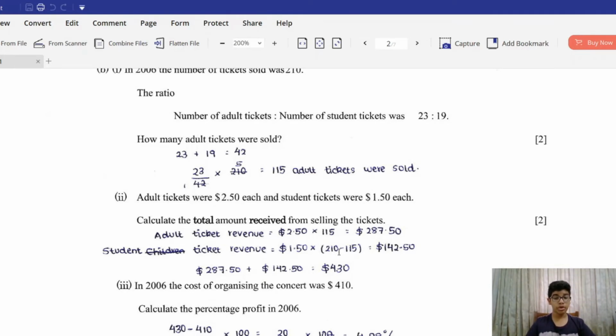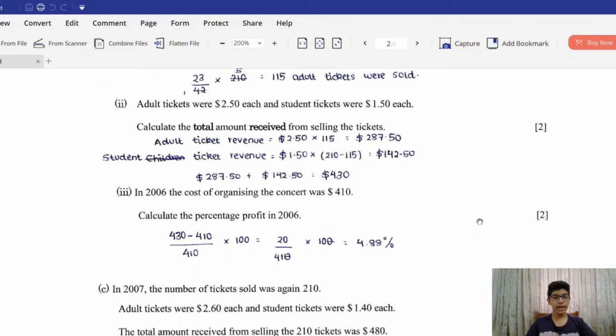So we're going to take 210 minus 115 multiplied by 1.50. 1.50 is the price per ticket. Multiplying those together, we get that the total revenue received from selling student tickets was $142.50. Now these are the revenue received from the adult and student tickets. The total revenue, we're just going to take the adult tickets and add it to the student tickets. So 287.5 plus 142.5, and we get that the total amount received is 430.